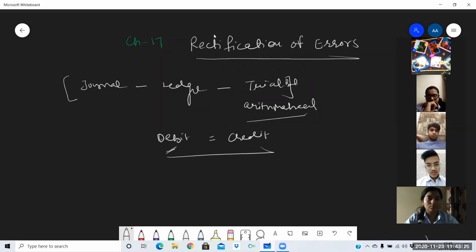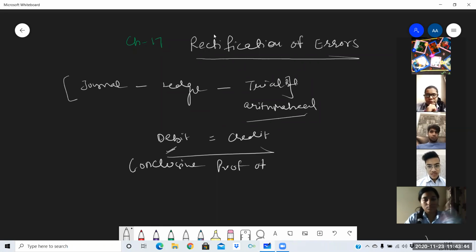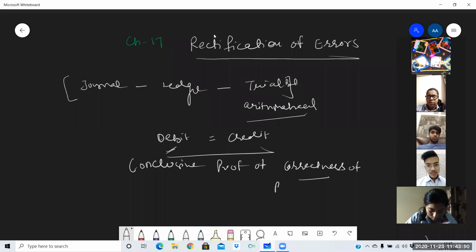So a trial balance should be equal, but even when the trial balance is equal, some errors can still be there. So we can say that the matching of trial balance is not a conclusive proof of correctness of books of account.